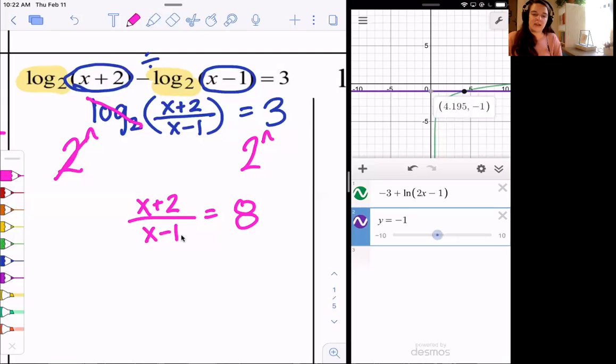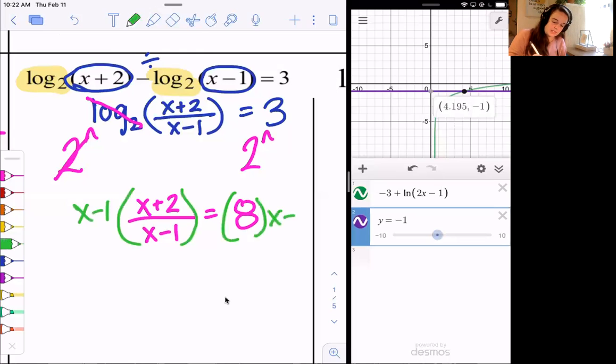Can someone tell me, how do I solve this now? What do I do? How do I have this division, how do I get rid of it? Multiply, yeah, what am I going to multiply, Diana? x minus 1, yes. x minus 1 on both sides.